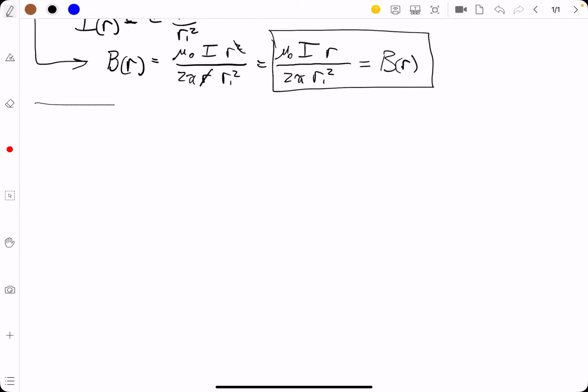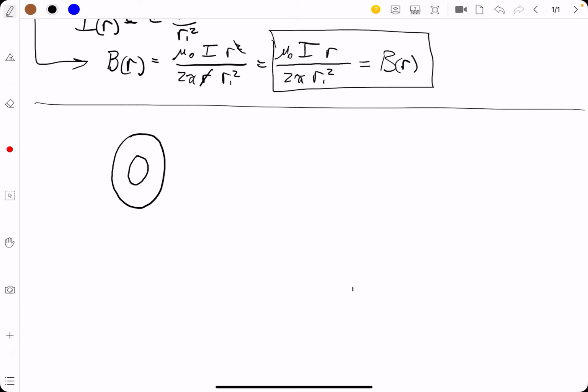And this time we're going to have this guy, and we're going to have this guy, and okay, so here's our center axis. I don't like this one. Now I don't like this one.